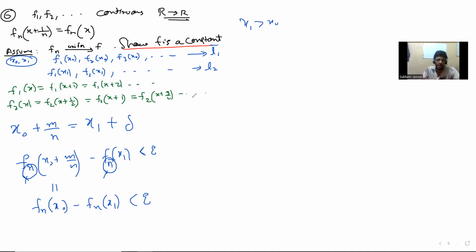So this problem. If I draw a picture, if I take this x1, right, and I want to find the x naught, and I want to find the n, so that this becomes less than epsilon, right?